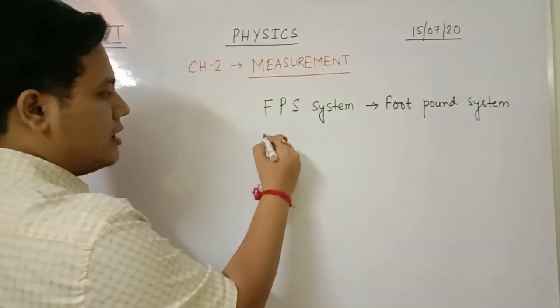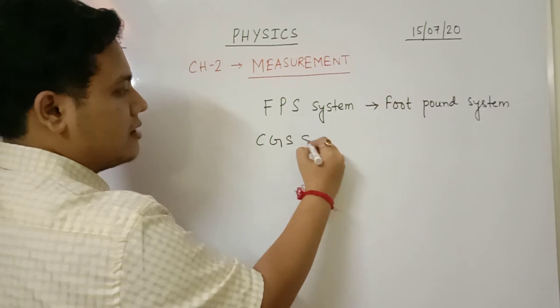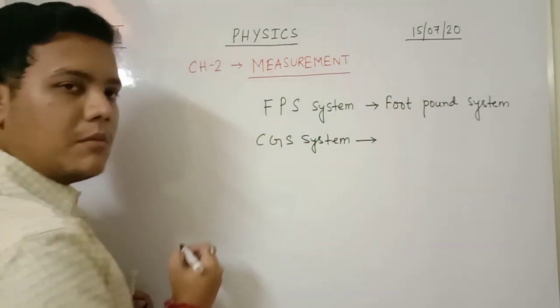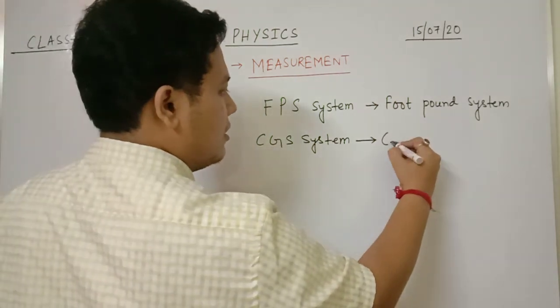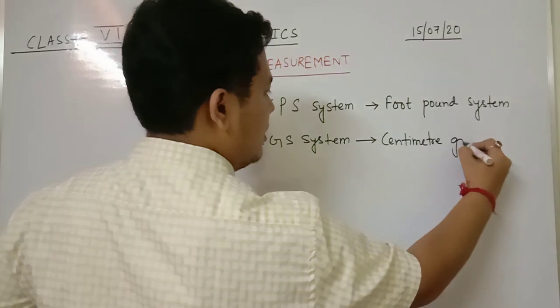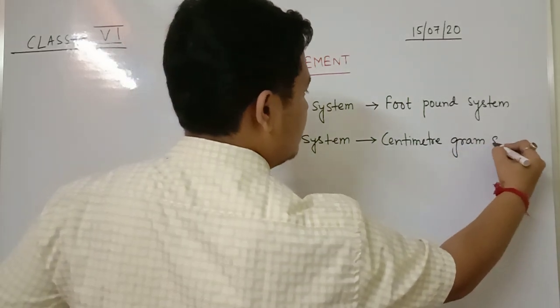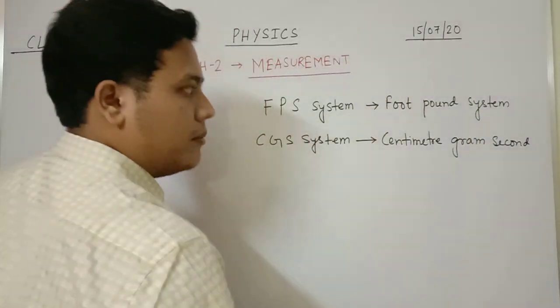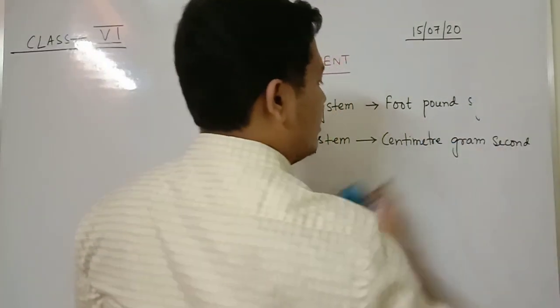Next we have encountered the CGS system. What is the full form of CGS system? Centimeter, gram, second. One thing I missed out, need to write it here: second.